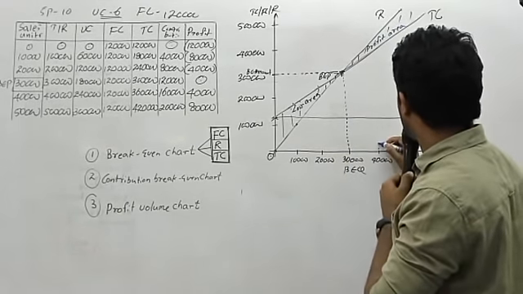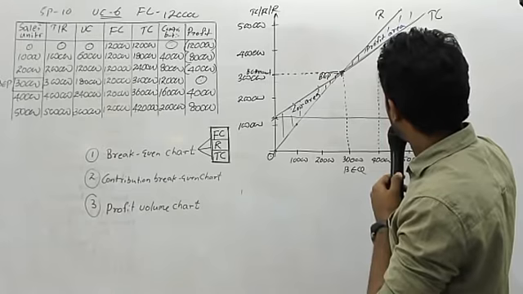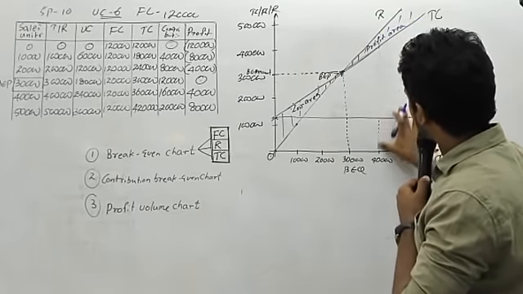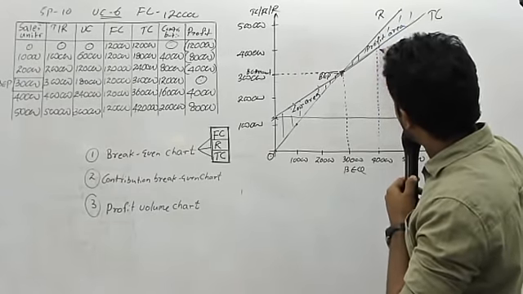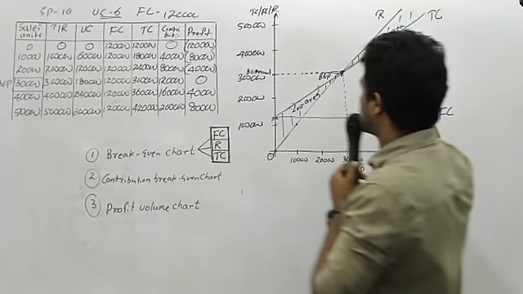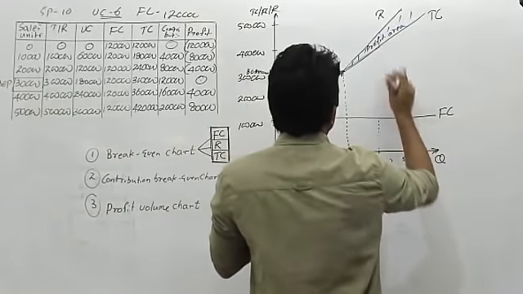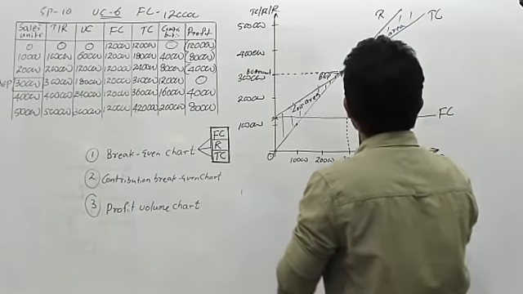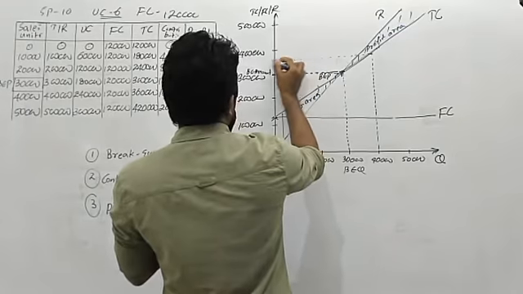If I select this 40,000 level and go up until I meet the total cost line, from this point I begin to come here.